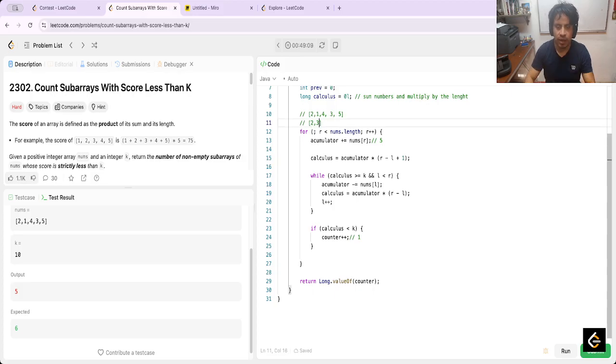In this case we have this 2 and 3. The result of this is 10 because it's 2 plus 3 is 5, multiplied by 2 is 10, and 10 is greater equal to k. In this case is execute this. Calculus is equal accumulator.